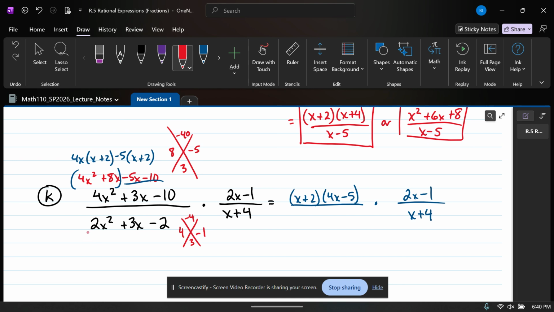Okay, so 2x squared plus 4x minus 1x minus 2. Grouping that. 2x, x plus 2, negative 1, x plus 2. So x plus 2 and 2x minus 1.